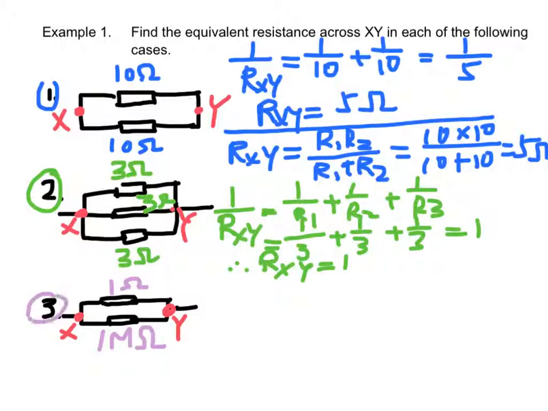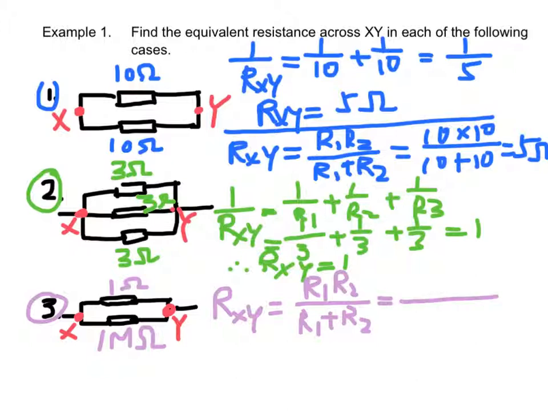For case 3, we have Rxy equal to the product of the resistances, R1 R2, over the sum of the resistances, R1 plus R2, equal to 1 times 10 to the power 6 over 1 plus 10 to the power 6, which is approximately equal to 1 ohm.